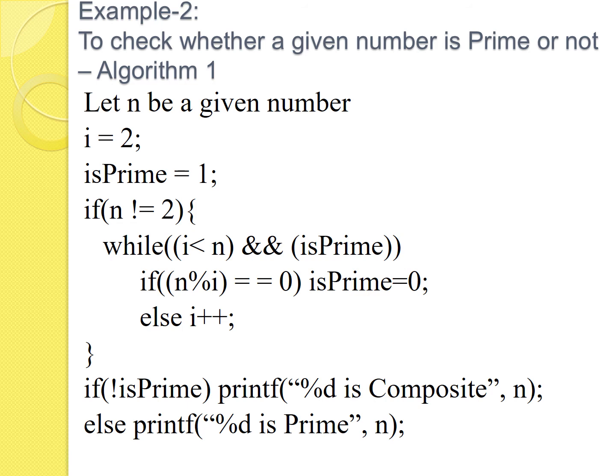If n mod i equals 0, we set is prime, the flag variable, to 0, indicating n is not a prime number. Then after the while loop, we check the value of is prime. If is prime is 0, we print that n is composite, else we print n is prime.